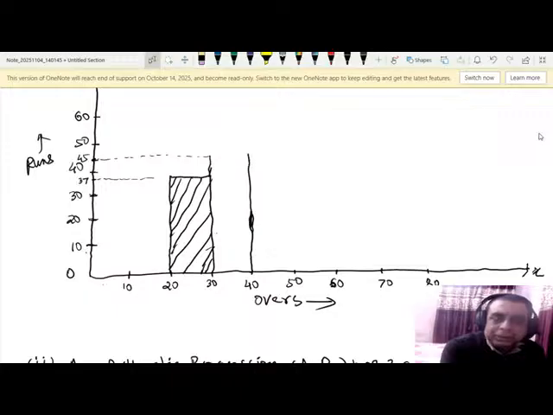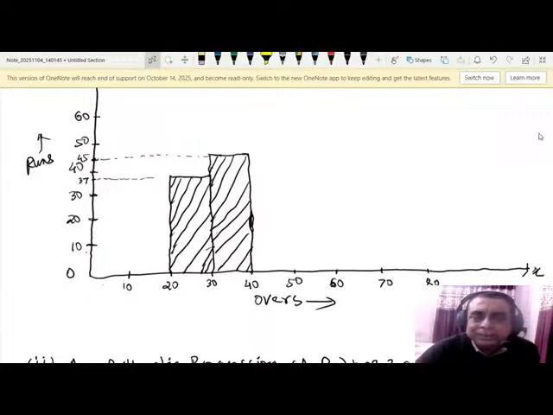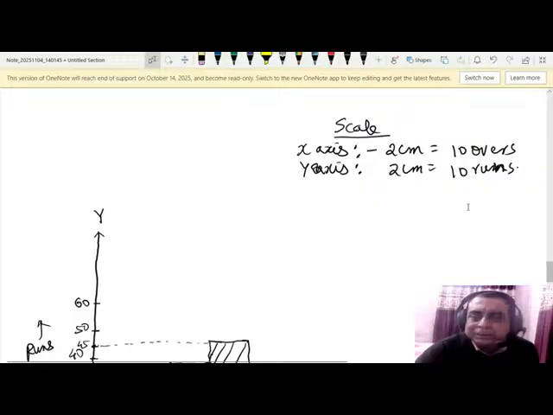It will be up to 45. Okay, up to the mark 45, and you shade it. So this is the required shading. Shade this bar. Bar is going from 30, dropping at 40. Height is 45.